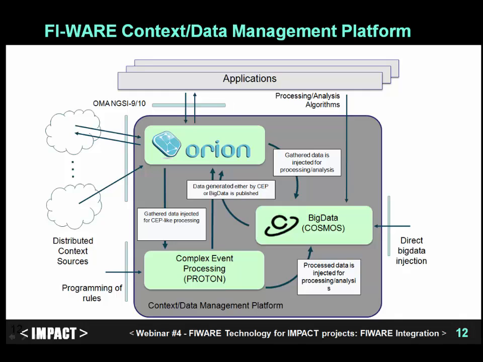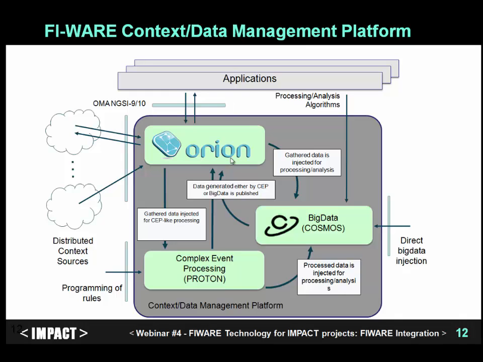This is a pretty familiar and common use of several enablers based on Orion Context Broker, which you can see here, and using also the CEP or Proton enabler and the Cosmos enabler. So, for example, in this context, which, as I said, is pretty common in some applications, you have the Orion Context Broker as the heart of the system.